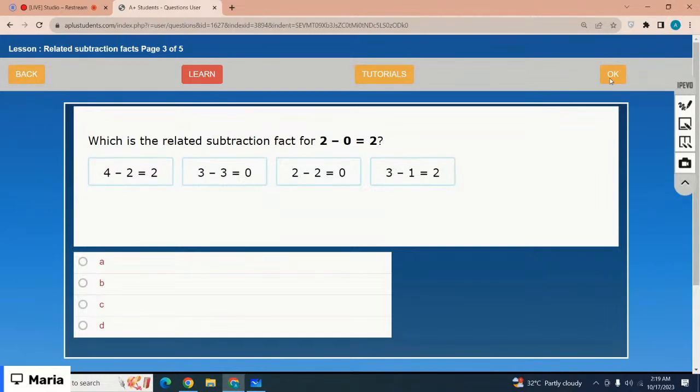Which is the related subtraction fact for 2 take away 0 equals 2?